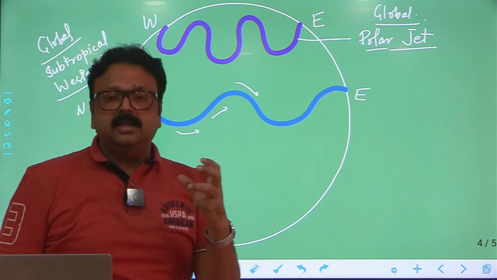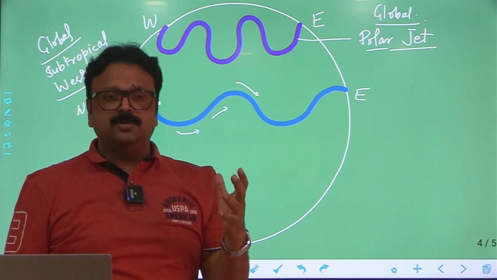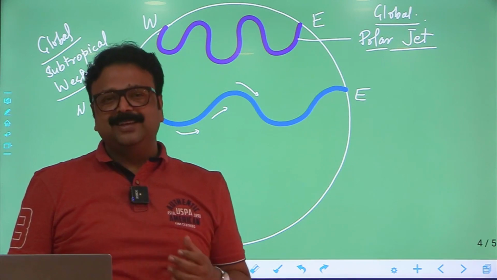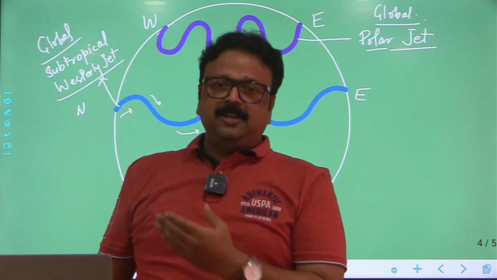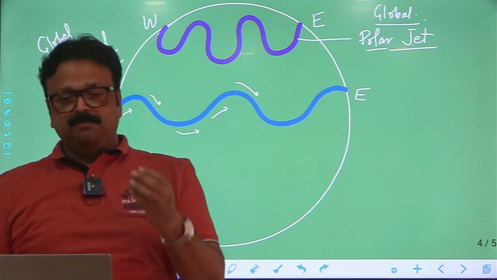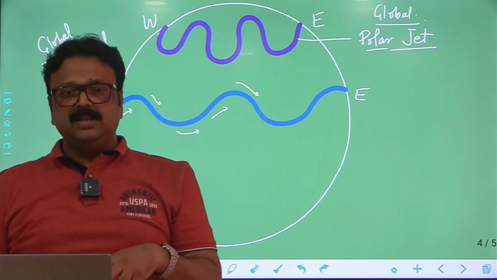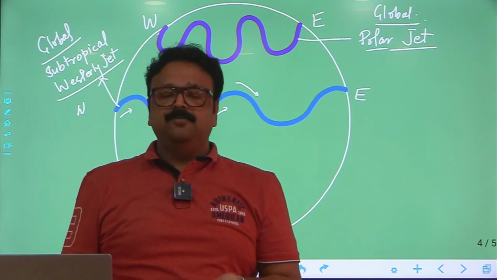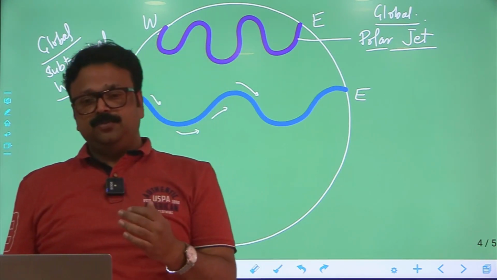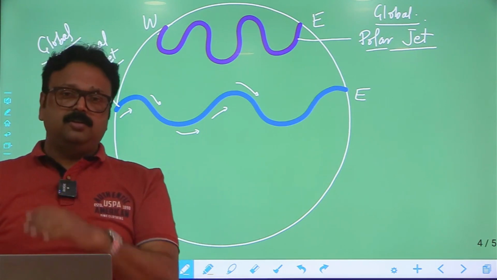and this meandering is because of Coriolis force, because of pressure gradient force, because of buoyancy force, as well as there is some force responsible for vertical meandering, and some force responsible for horizontal meandering.